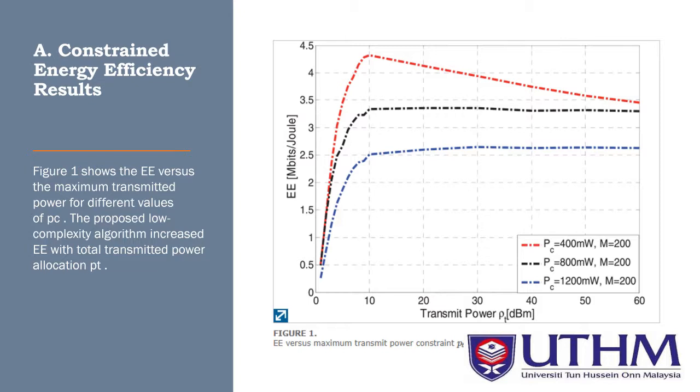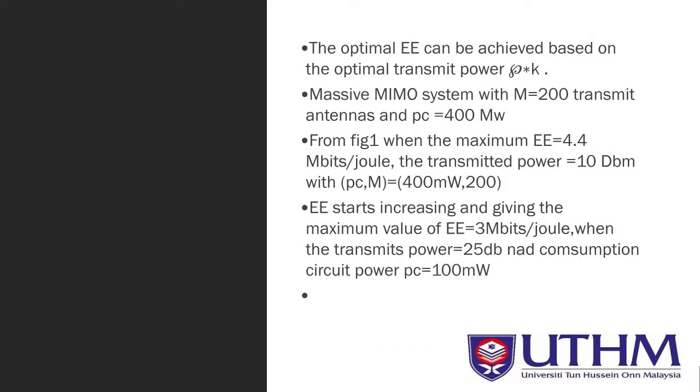Also, the blue one is 1200 milliwatt and the same value for M 200. This is the transmitted power in dBm, and the y-axis is EE in megabit per joule.